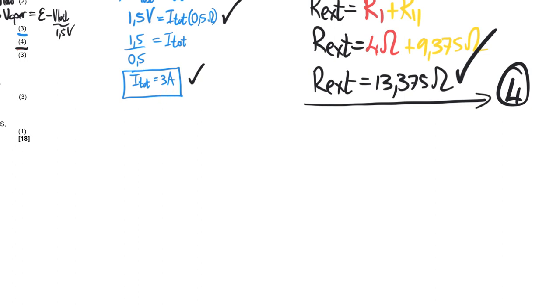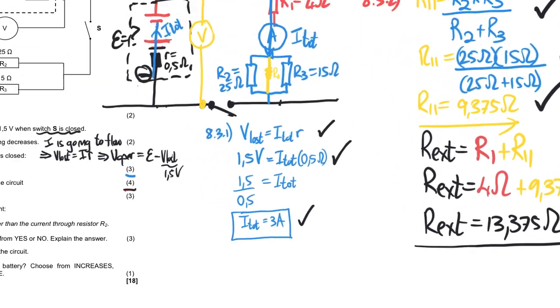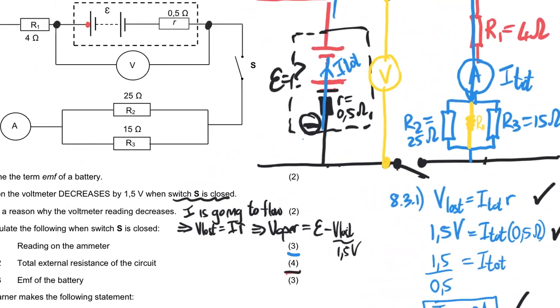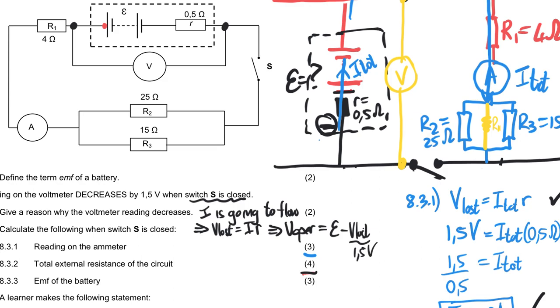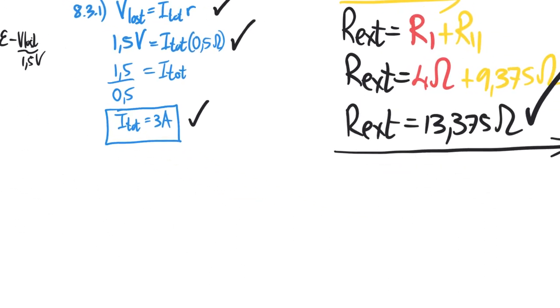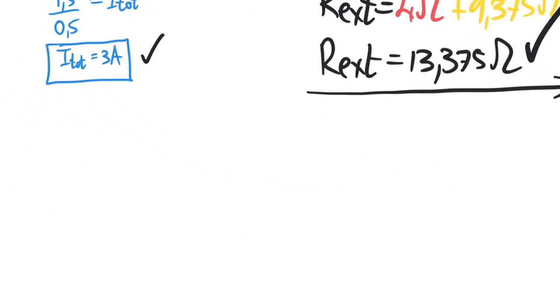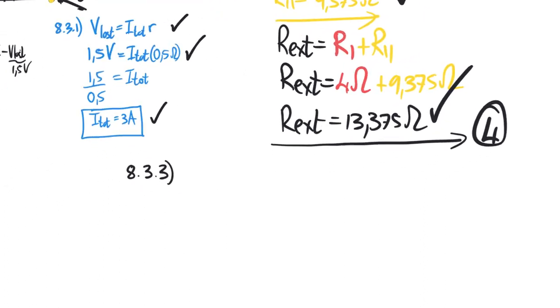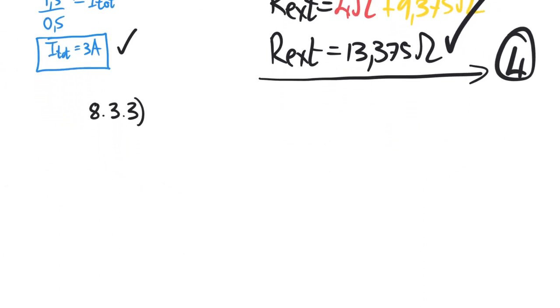And we have the internal resistance, which we've also been given. It was given to us in the actual question. It is 0.5 ohms. So in order to work out the EMF, it's a reasonably straightforward thing to do, because if we look here, and this is 8.3.3, it's always good to make sure you number your solutions according to the numbering system of the question.